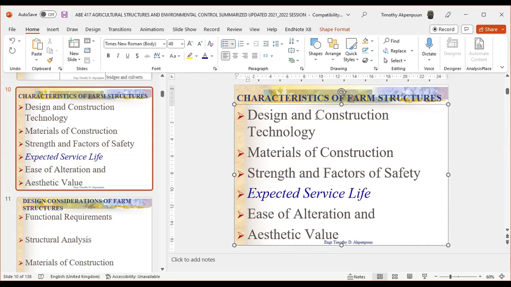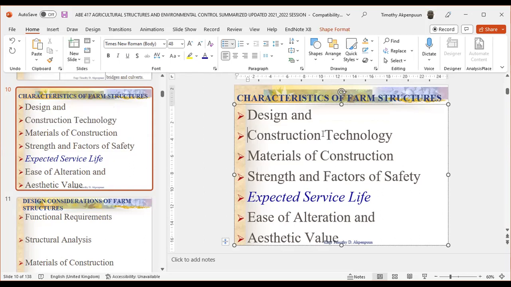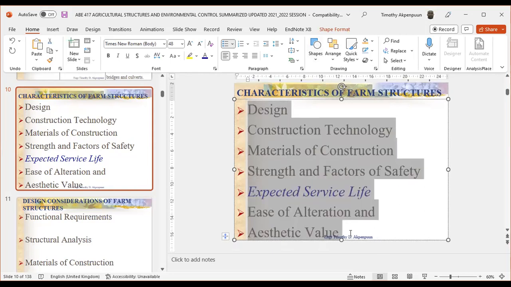Then, let me even separate this construction technology. How do you want it? On the site, is the site such that you can do on-site or off-site construction?